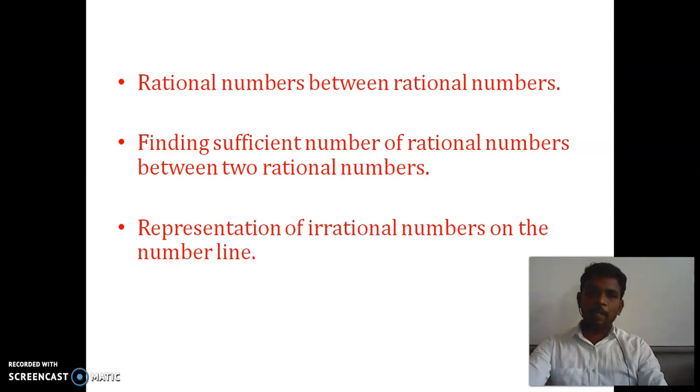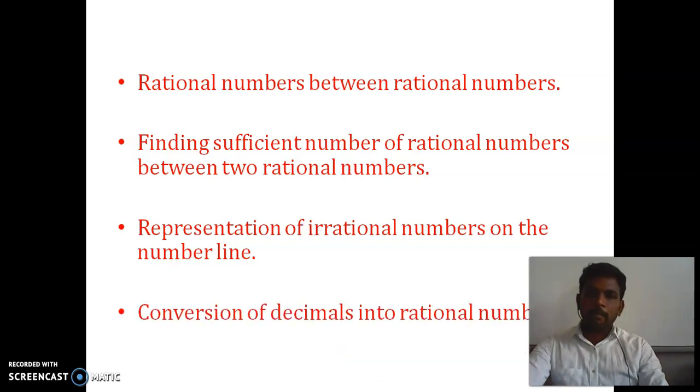How can we represent root 2, root 3, root 7 on the number line? And conversion of decimals into rational numbers, that is, into the form of p by q. We have seen all of this in the last class.